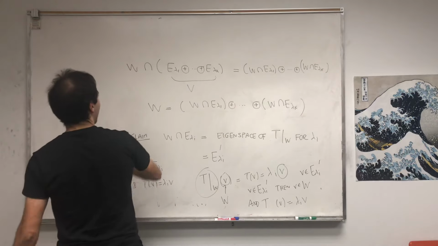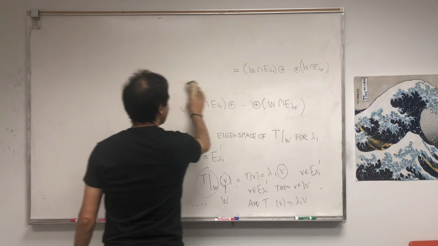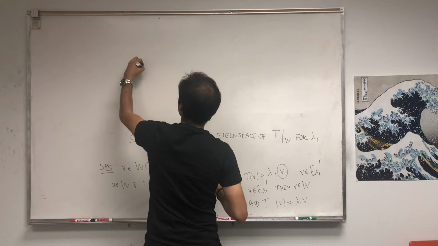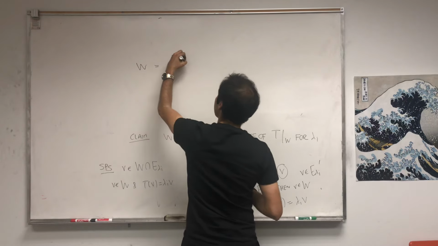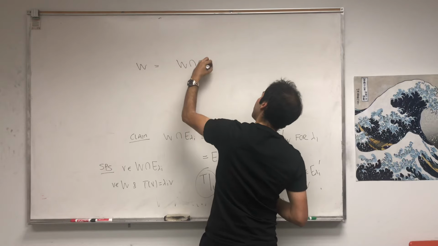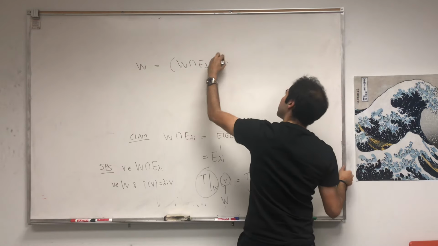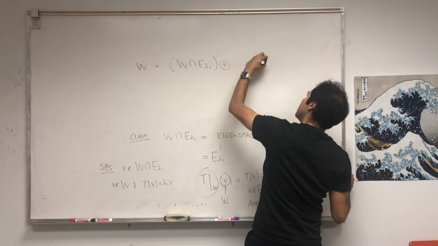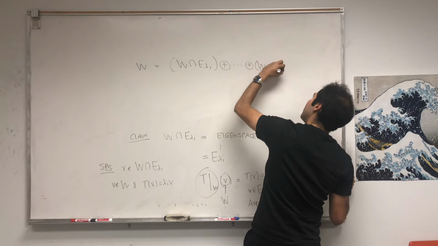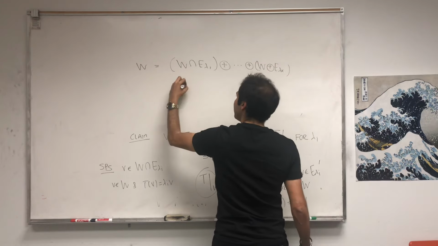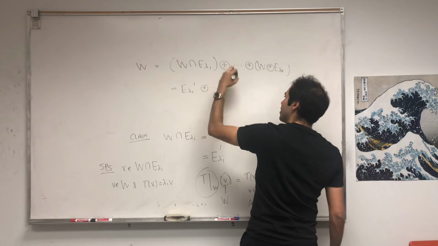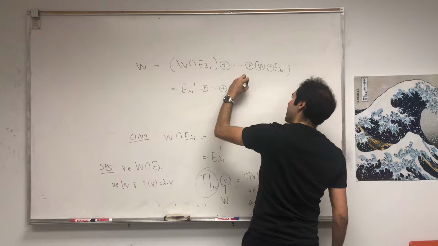And therefore, what we can conclude is that W is the direct sum of E of lambda 1 prime, direct sum, through E of lambda k prime.